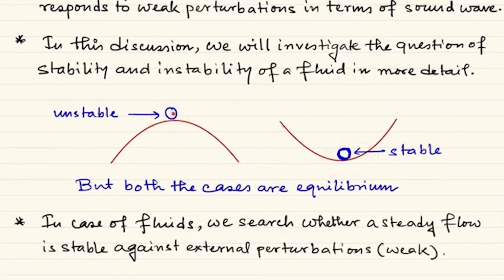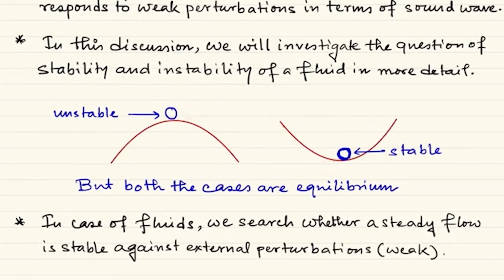Let's say a particle is staying at rest on the top of a mountain or in a valley. In both cases, the total force on the particle is zero and the particle is at rest.